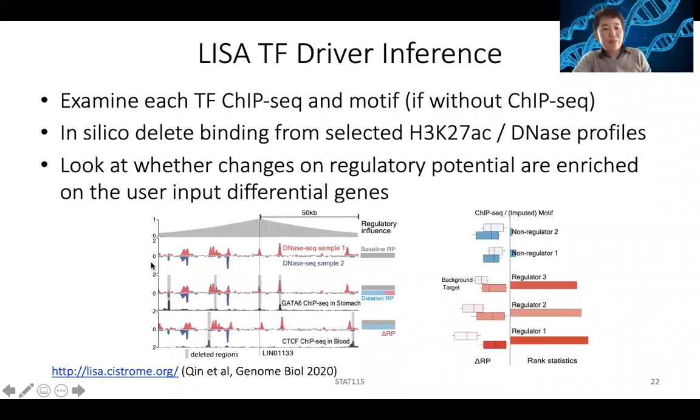So you will see the changes in the regulatory potential if you delete all the locations that have this ChIP-seq data. And if you can really see a big change on those genes you are interested in, that's the transcription factor that's important.